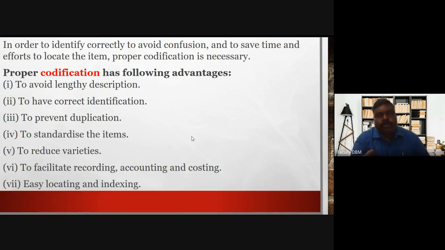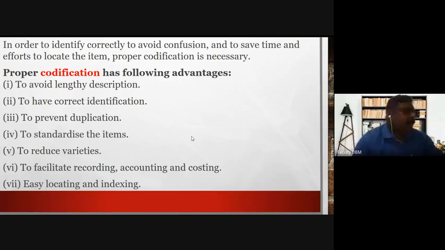So next is codification. How is the code given to a particular product? I can show a product having the code. This measuring meter has the code. I'm looking for the code.